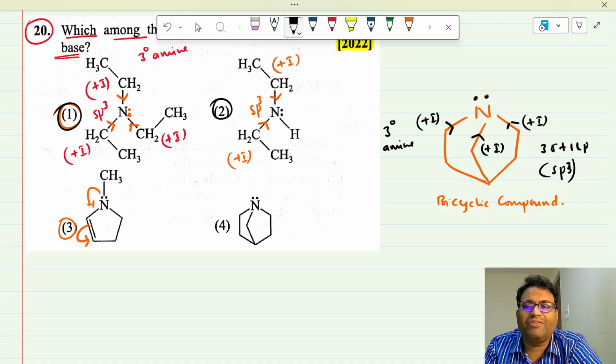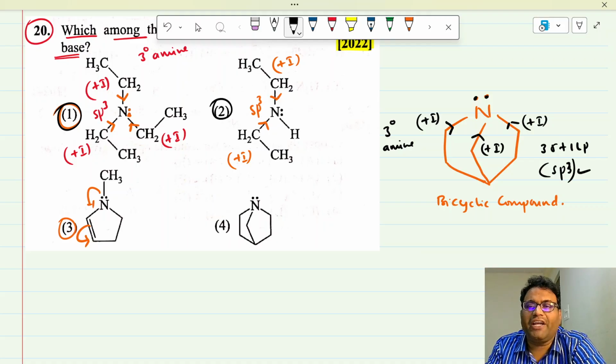Actually, for an sp3 hybridized atom, the bond angle should be 109 degrees 28 minutes. But here, due to the presence of one lone pair and the repulsion between the lone pair and bond pair, the bond angle is less than 109 degrees 28 minutes.